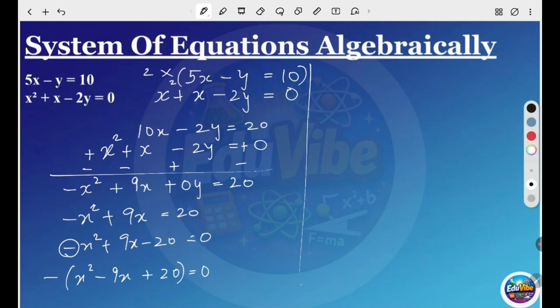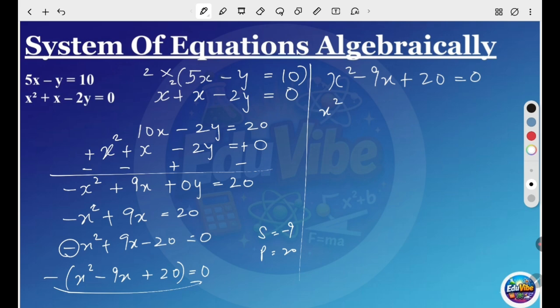So now you just get the very nice quadratic equation which is equal to 0. Now you have to find numbers with the sum of minus 9 and a product of 20.